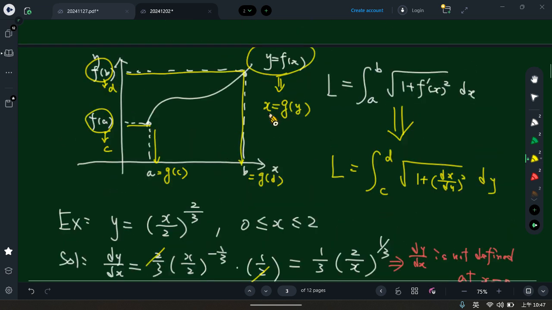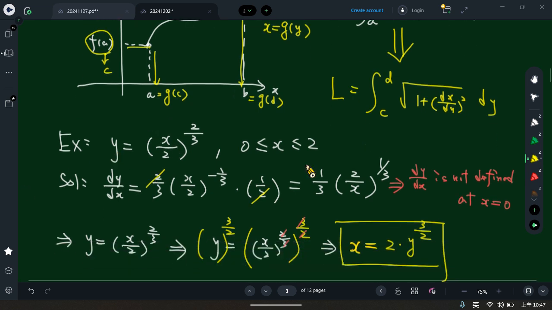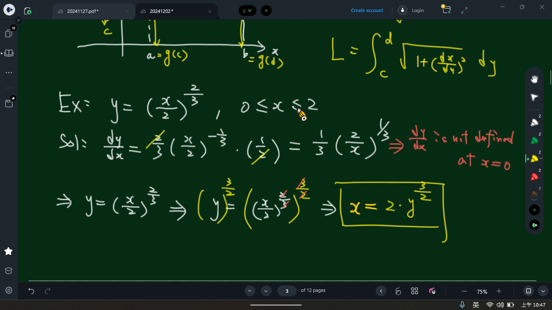Instead, here, we just use x to determine y. Of course, the start point and end point will also be changed, right? So the start point will be when x is equal to 0, then the start point will be from 0, that means y is also 0.